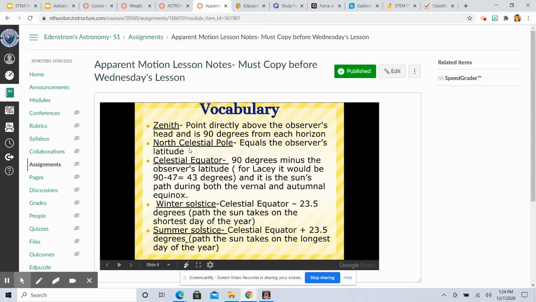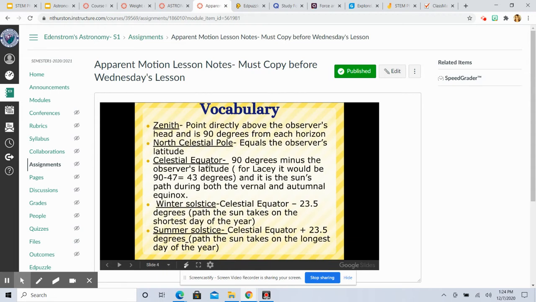The north celestial pole, which is going to be their latitude, and it's always going to be where the North Star is. The North Celestial Pole means the point that comes directly out in the sky from wherever the pole is pointing. If the North Pole is pointing at Polaris, the North Star, whatever latitude you're at, that's how far the North Star is going to be above the horizon.